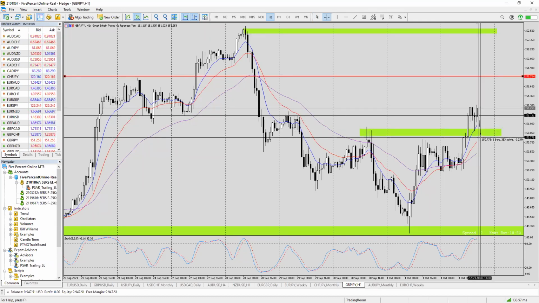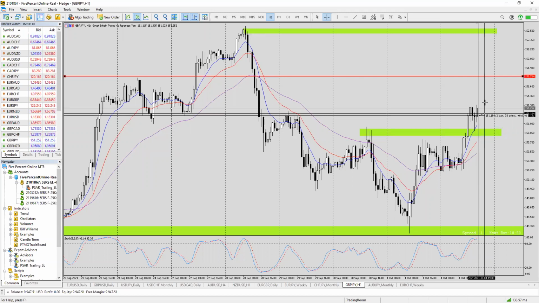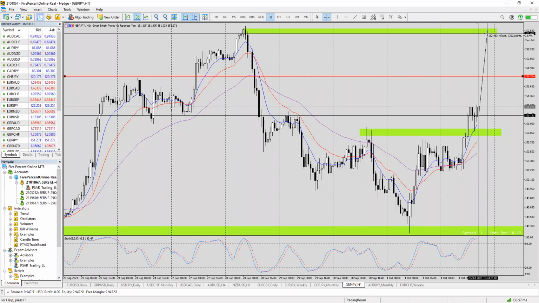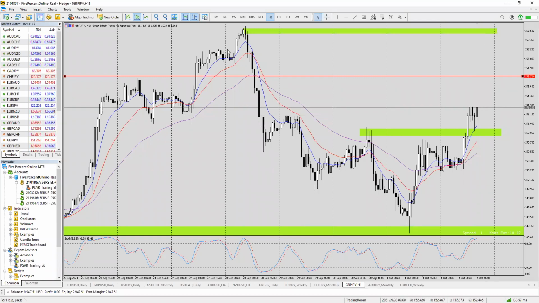Risk, let's say 35 pips or so, initial reward around 60 pips or so, and second reward, if it goes even higher, towards 130 pips, or anywhere in between the 60 and the 130. So risk reward is pretty good, and these are the setups you should be looking for.